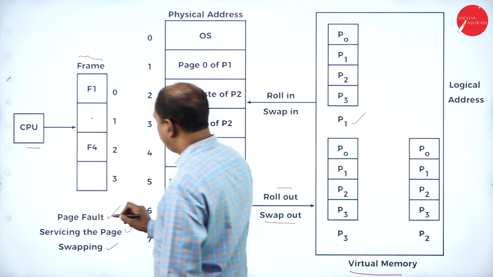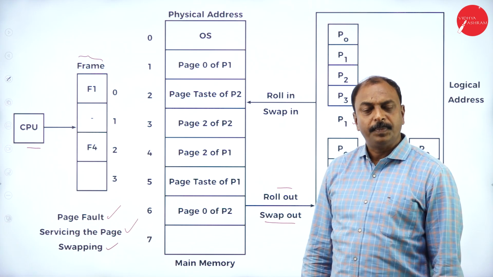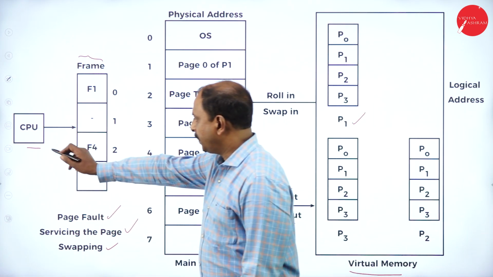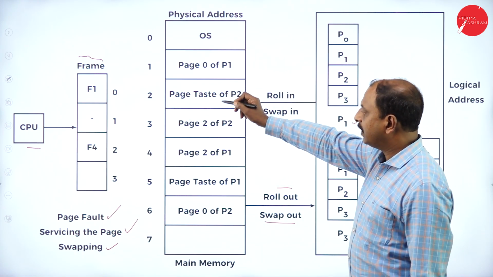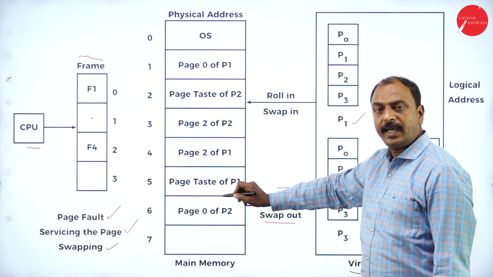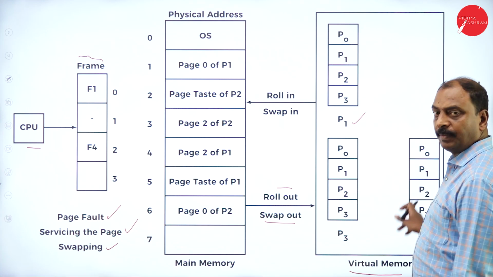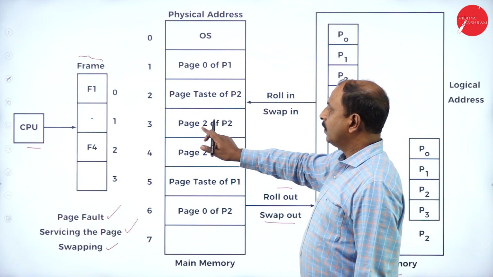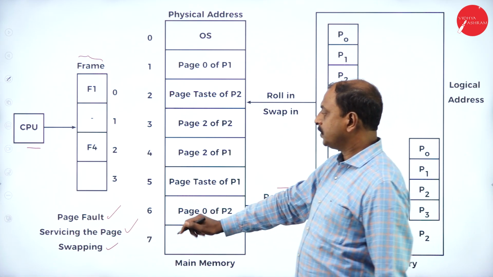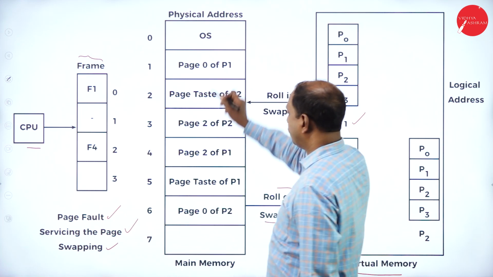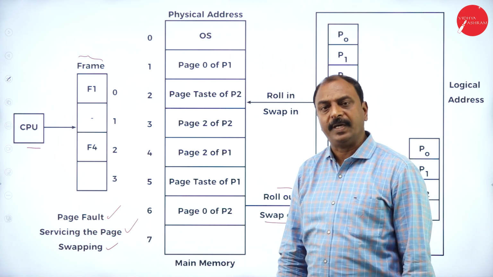So what is the page fault here? Suppose a page is requested by the CPU, and that page is not available in the main memory of the system, and the same page has to be called from the secondary memory into the main memory. If the particular page is not available in the main memory, then it is called a page fault.